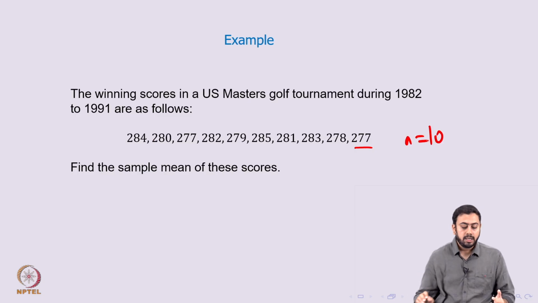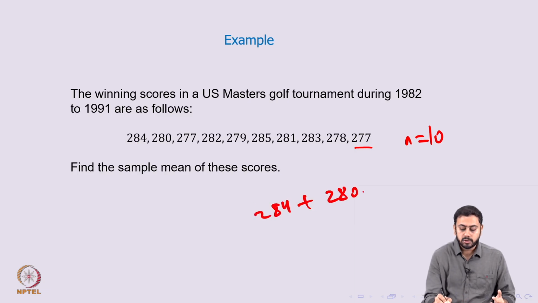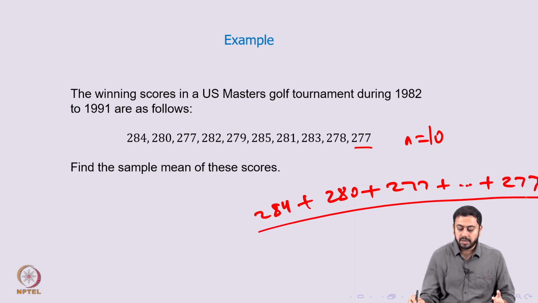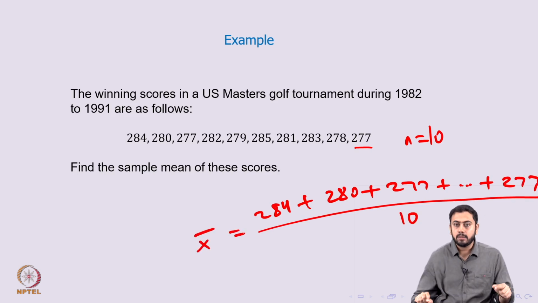So what you do is simply add up all these scores: 284 plus 280 plus 277, and so on, the last one is also 277, and then divide by the number of observations, which is 10, and this gives you x bar. So x bar equals the summation of all the observations divided by 10.